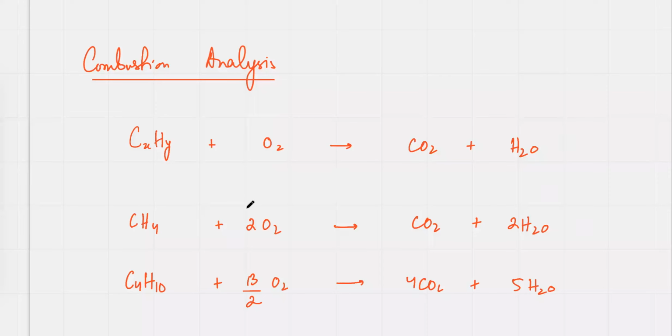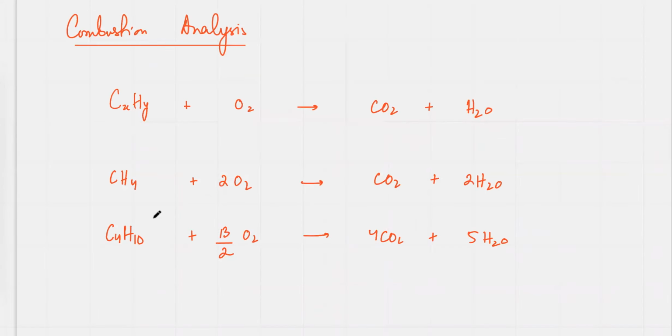So the point is, by just analyzing the amount of oxygen that's getting used up and the amount of carbon dioxide and water that's getting produced, you can get an idea of what the formula is. Because every hydrocarbon has this unique ratio in which it burns.